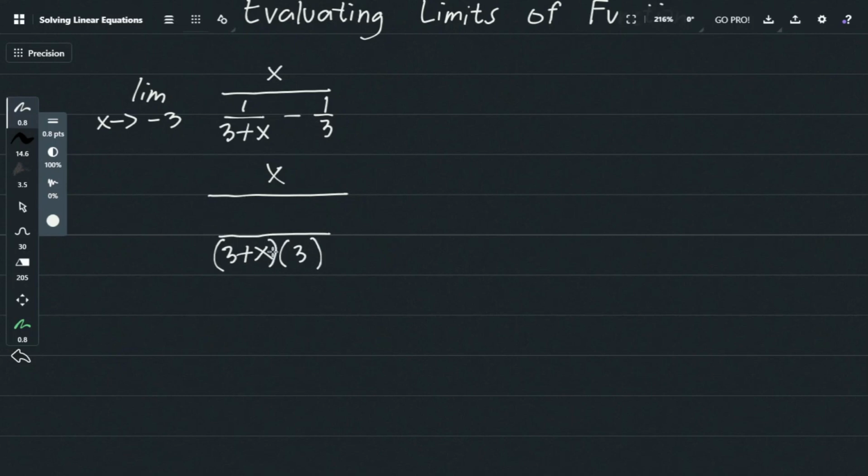Okay. So now we are just going to divide the LCD by each of these terms. So 3 plus x times 3 divided by 3 plus x. So we just cancel this out. Then 3 times 1 is just equal to 3.